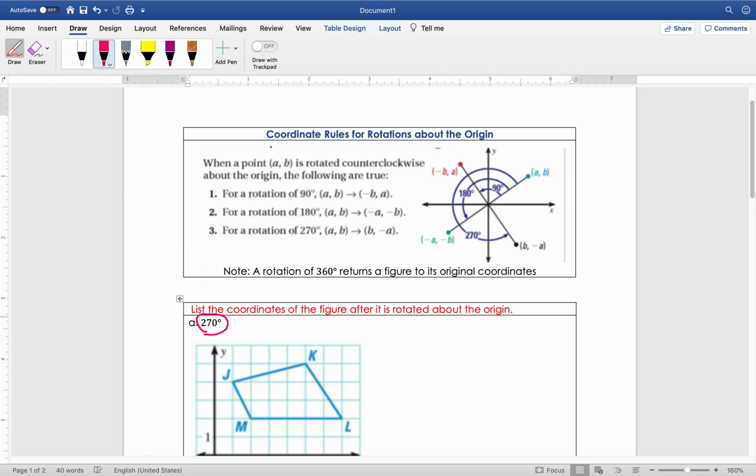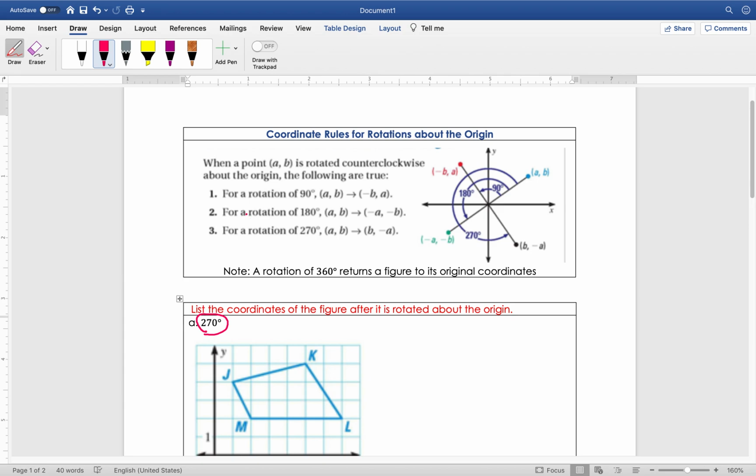So it says when a point (A, B) is rotated counterclockwise about the origin, the following are true. If you're rotating 90 degrees about the origin, you're going to take the point and basically switch X and Y. In this case, they're using A and B. And then you're going to take the opposite of B, which is basically just multiplying by -1.